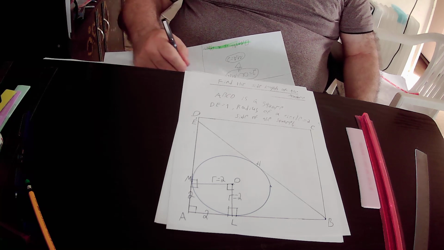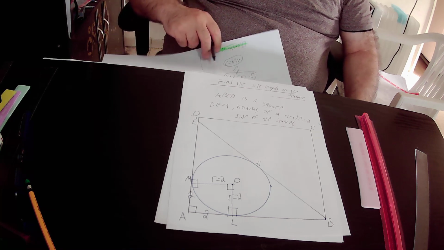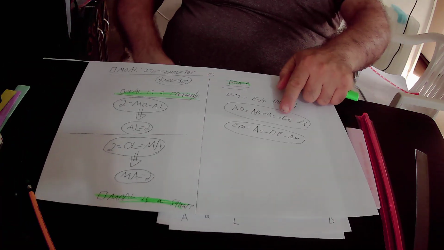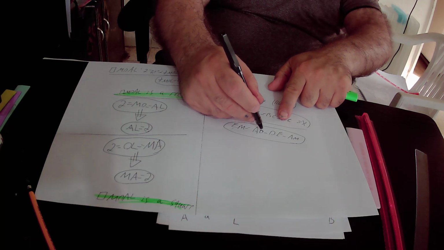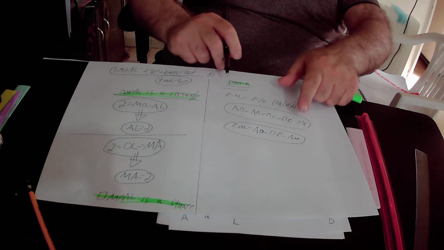I'll repeat again. The length of line segment EM equals AD minus DE minus AM.